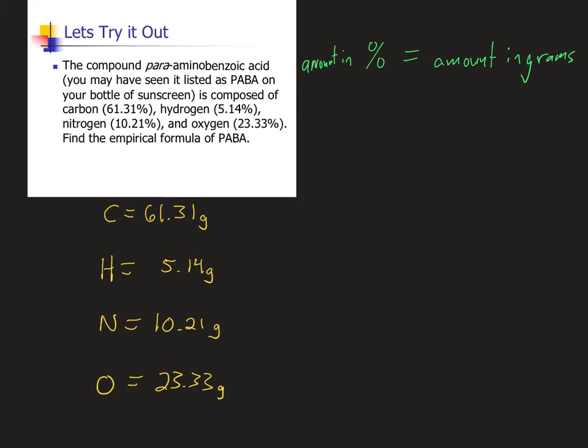Now we need to have our periodic table to find the molar mass of carbon, which is 12.01 per mole.